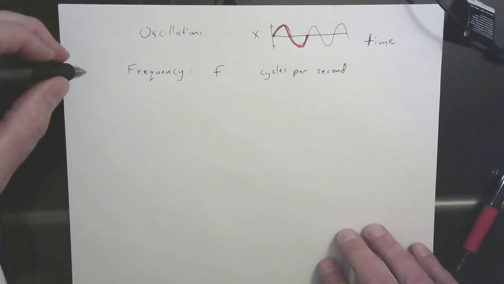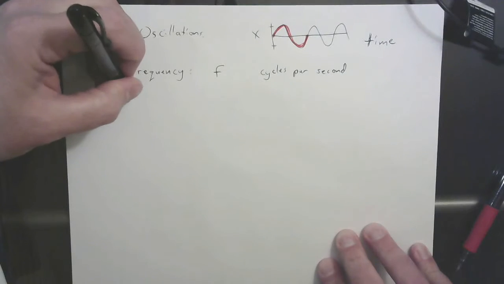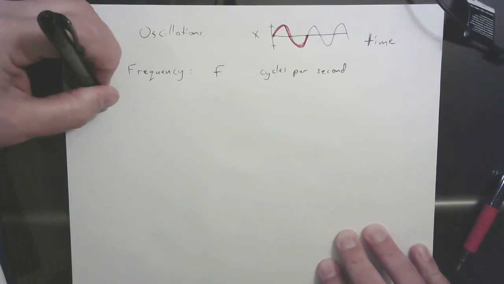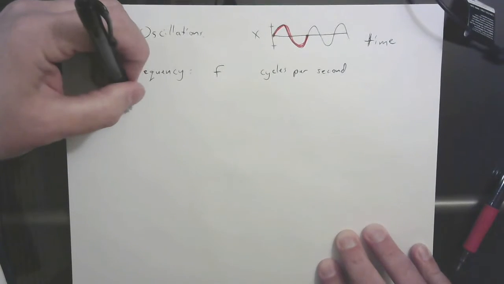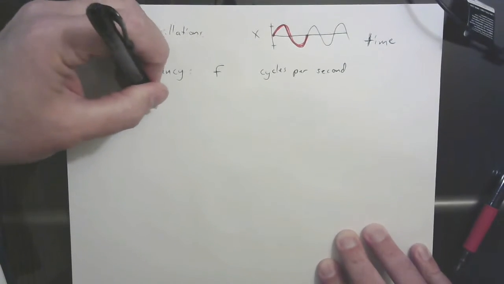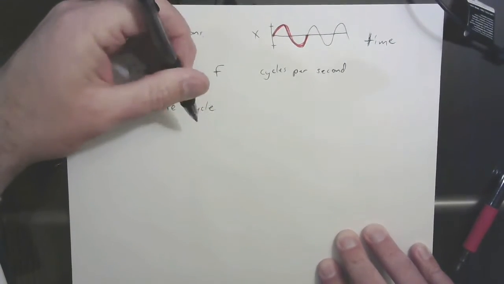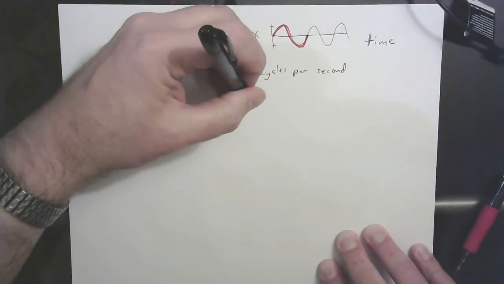There's no particular number. And we've also got the time for one cycle. So how long did that cycle take? Time for one cycle, we give this a special word, the period.